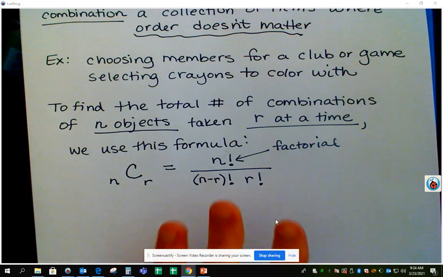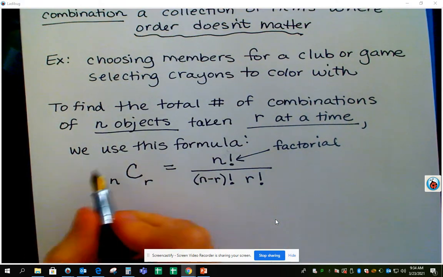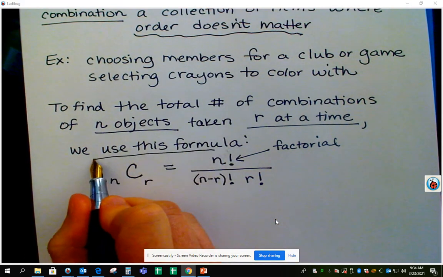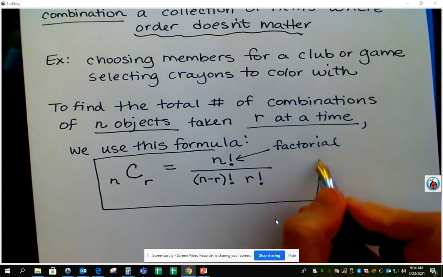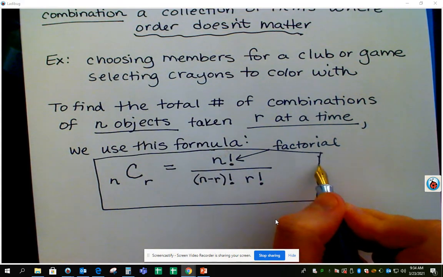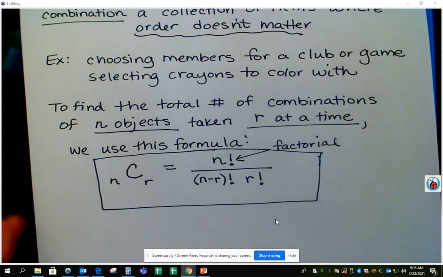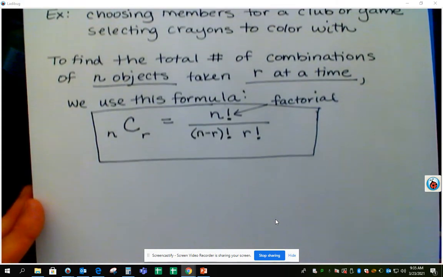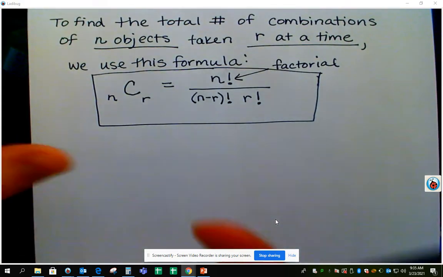Okay, so I know this looks really weird. That's okay. It's brand new, but we are going to see how to do it, and it's really not that bad once you get the hang of it. Okay, so this is our formula for combinations, and now I'm going to take you through how to use it.